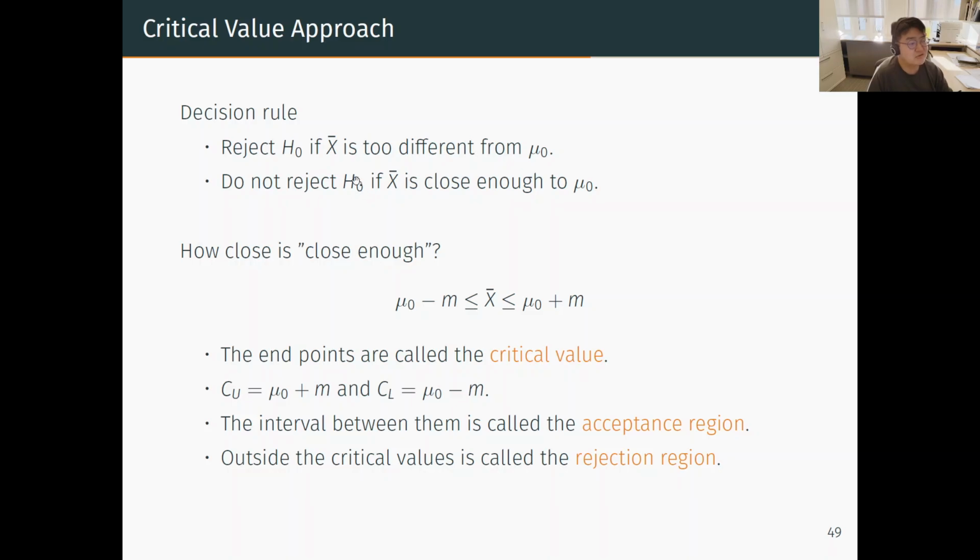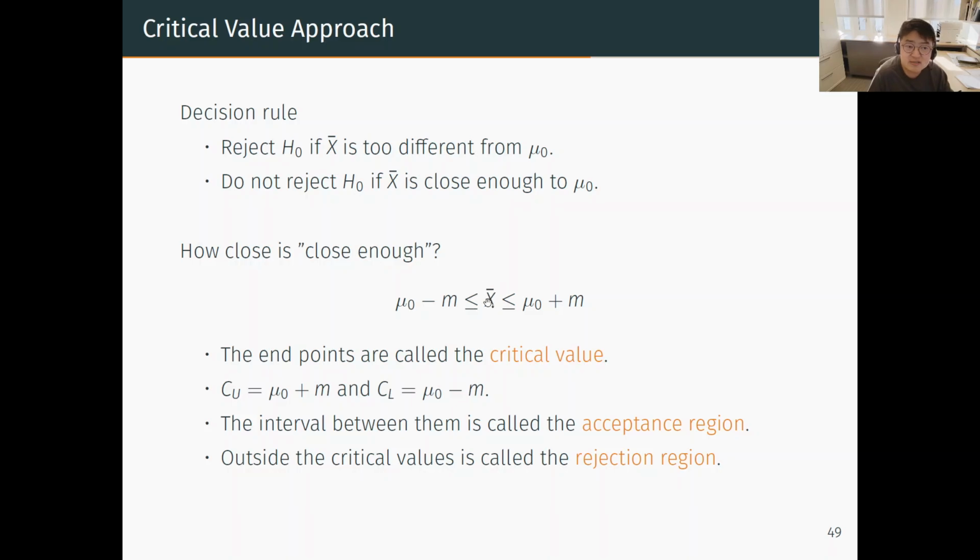I don't reject the null hypothesis if the sample average is close enough to my hypothesis. Then again, you have to determine how close is close enough, or how far is too different. How different is too much different? How close is close enough? We are going to think about this.